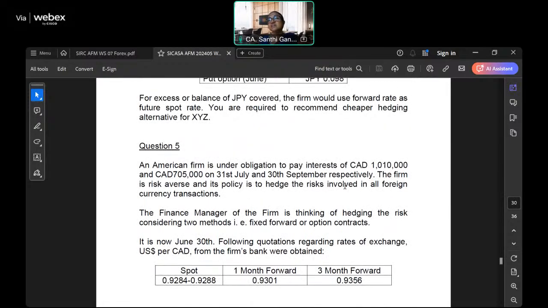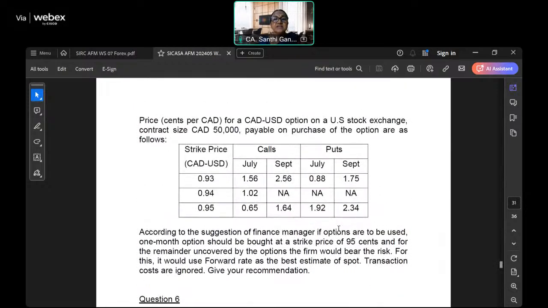Therefore, Canadian dollar is your base here. You are looking at it from the American point of view. If US dollar per Canadian dollar is given, US dollar is changing. Therefore, it is a direct quote. We know that. Then for the option, what is the position that is given?